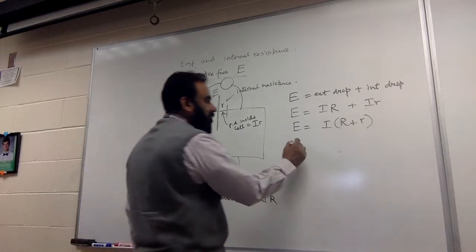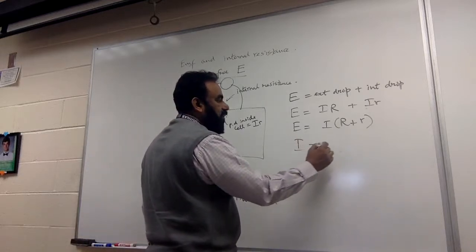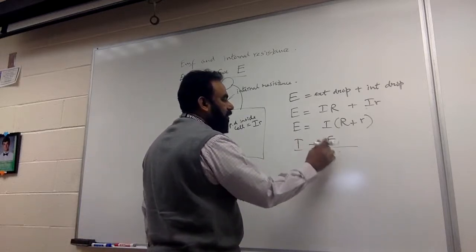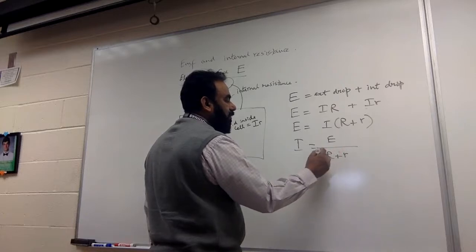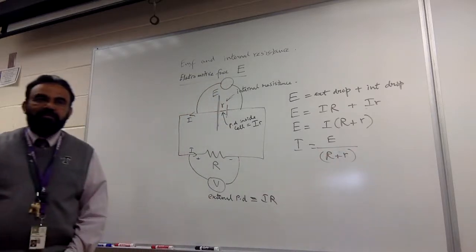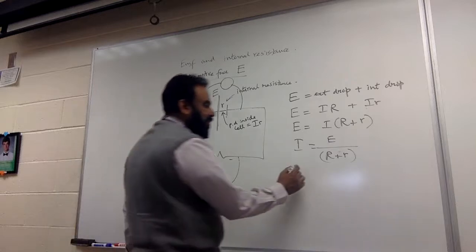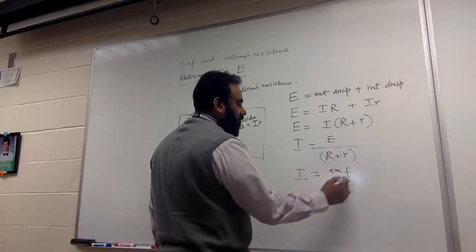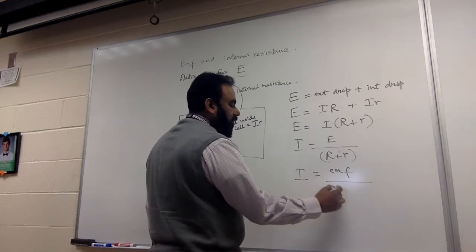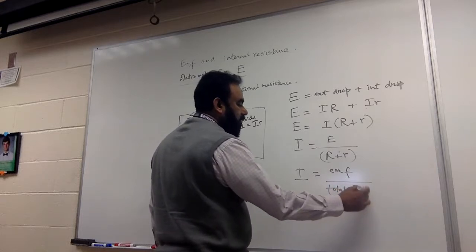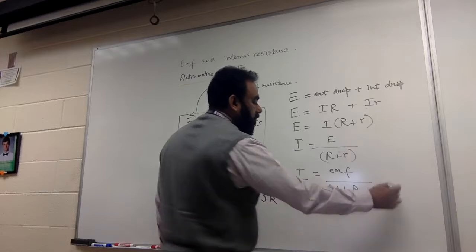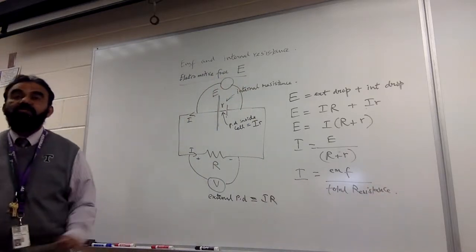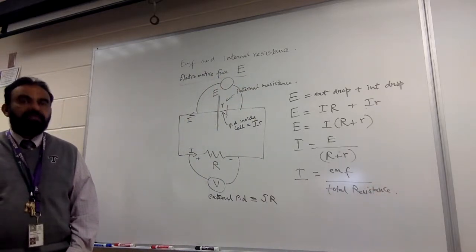So what is I? I is equal to EMF over (R plus r). What does that mean? This means current is equal to EMF divided by total resistance, total resistance throughout the circuit. That's what it means.